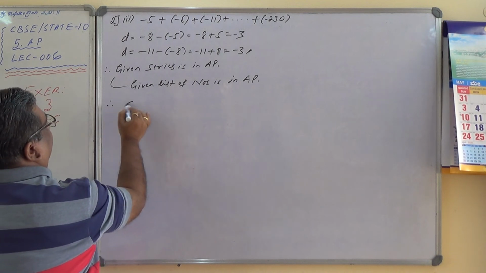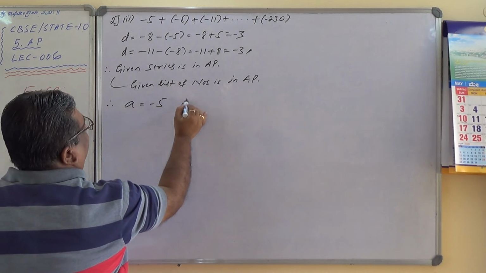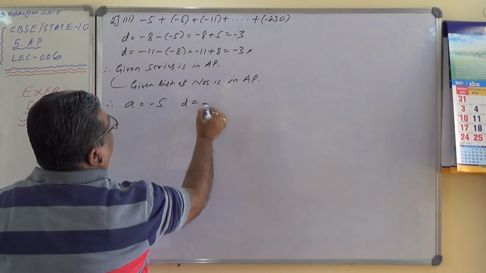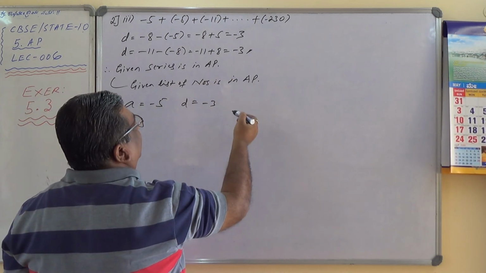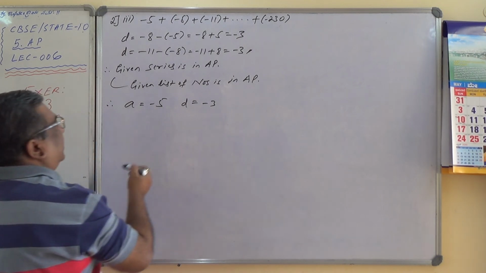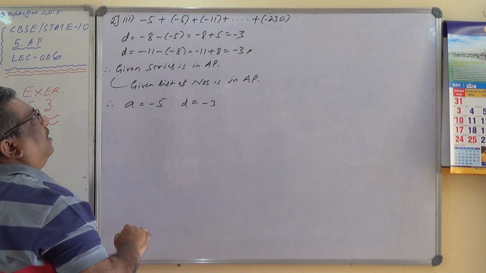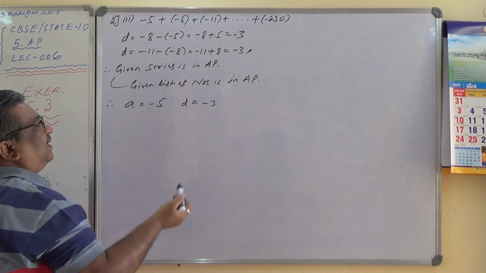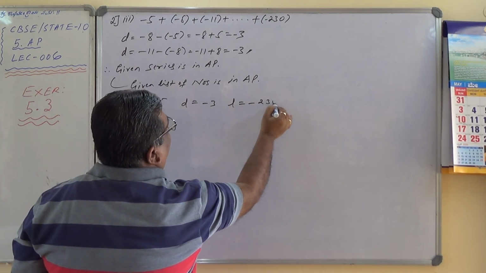So therefore A equals minus 5, D equals minus 3, and sum of how many terms, that is also very important. So we have to find out n here, because the last term is given to us. We have one more formula, A plus L, and therefore I will write here L equals minus 230.